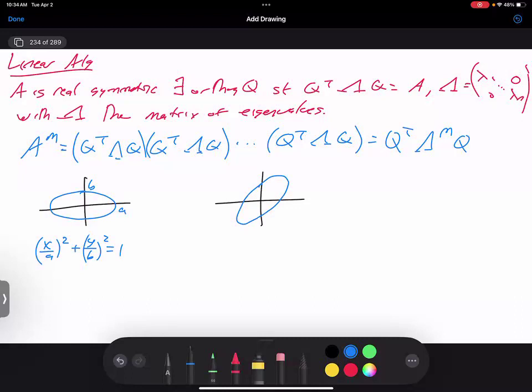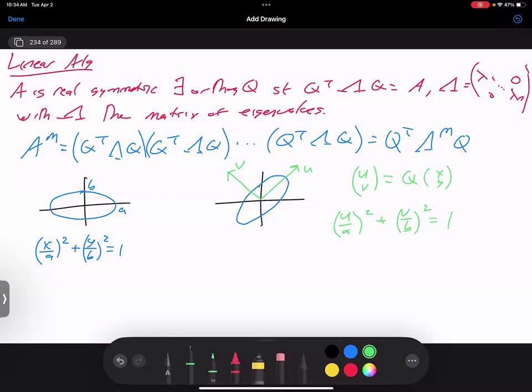Well, what you want to do, and this is one of the big ideas of linear algebra, is you want to choose a better basis. And so if I choose a new basis uv, where say uv is a rotation of xy, then in this new basis, I get u over a squared plus v over b squared equals 1.